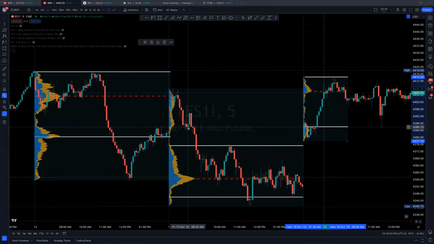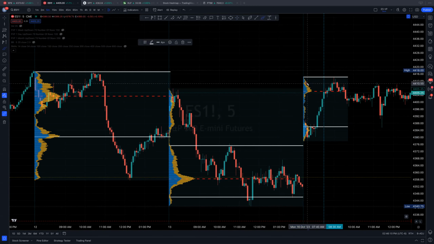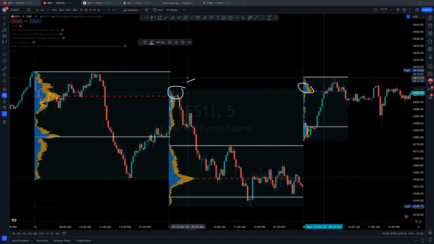Okay, so basically what this is telling us is that there is a lot of interest. Yes, correct, Steve. There's a lot of trading going on here. So if we compare this right here to this here, what's the difference between here, point one, and here, point two?